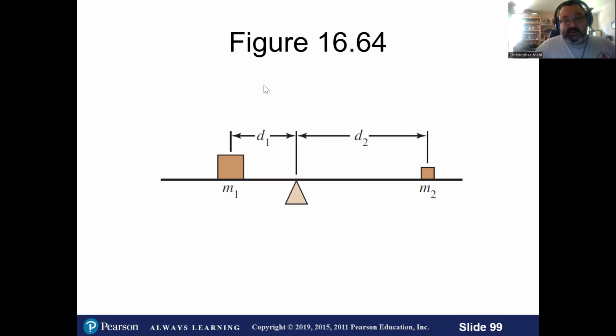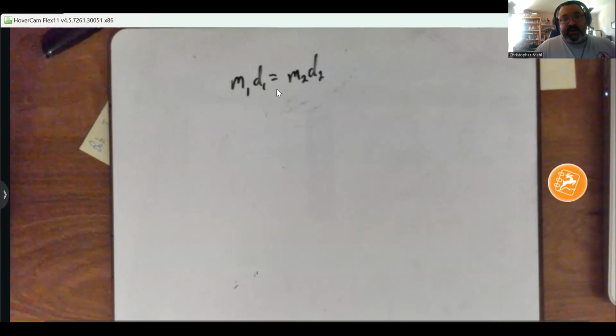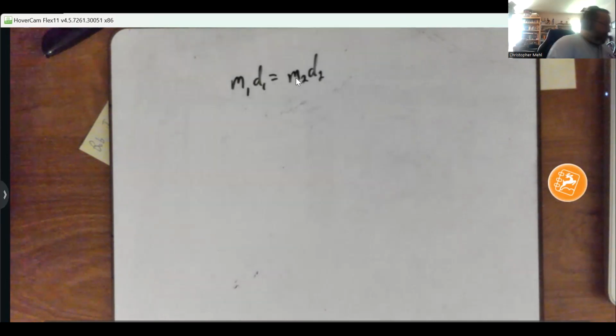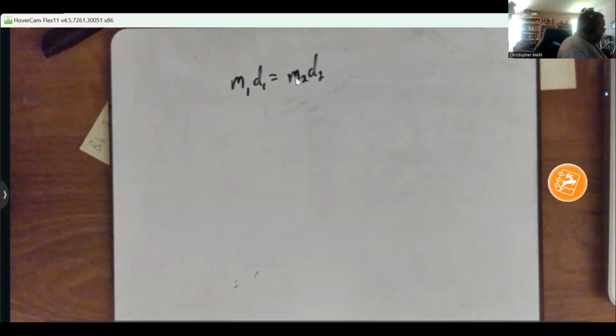So in our linear setup, if m1d1 equals m2d2, then that balances. Okay, great. Now what happens if I have several objects?